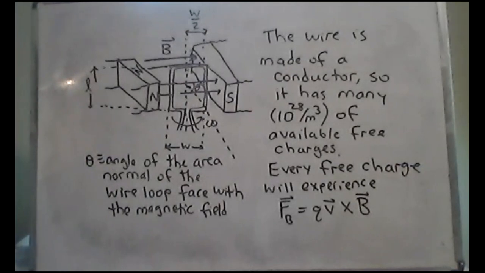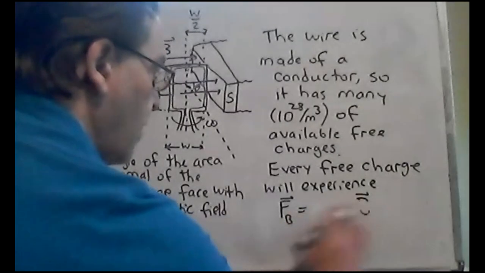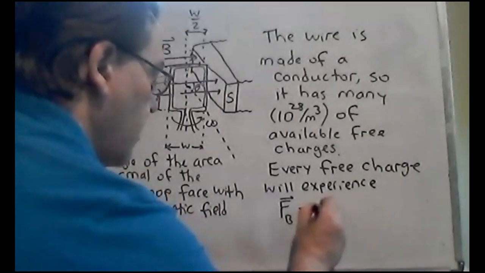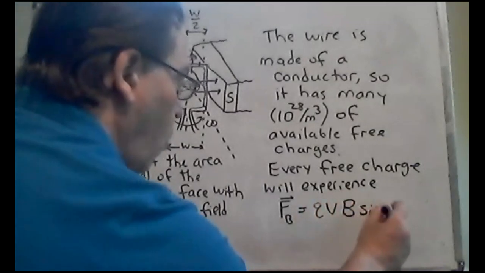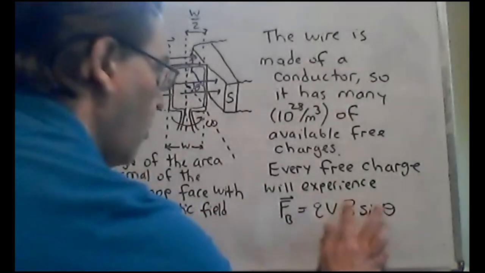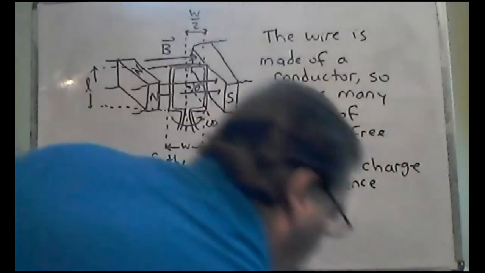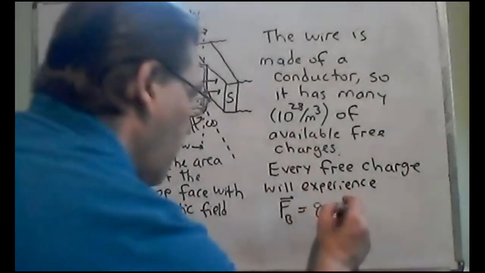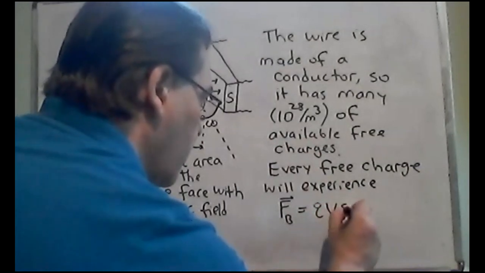Because if I look at QV cross B, what is that? It's going to be QVB sine theta. So I can move the sine of theta back and commute these, putting the sine of theta after the B.